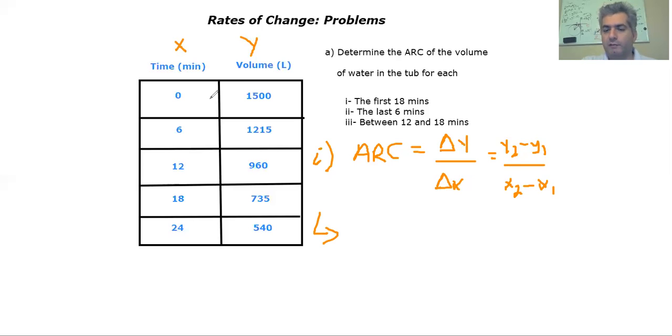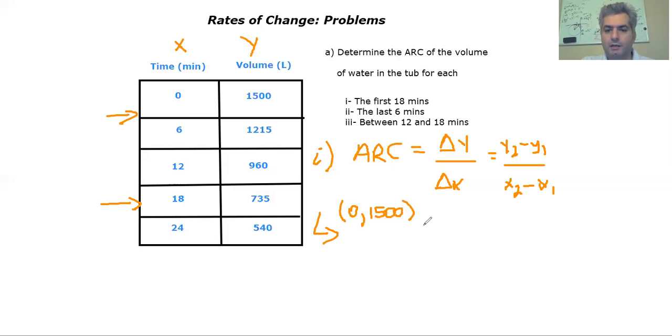If I want to find it for the first 18 minutes, the first 18 minutes is from the starting point, time equals 0, up until 18 minutes. So my two coordinates, with the coordinate format x comma y, would be 0, comma 1500.